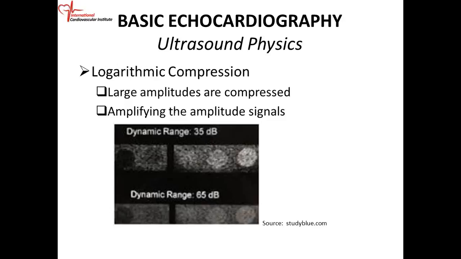The older machines don't have dynamic range; they have compression, usually logarithmic compression, where the large amplitudes are compressed and you amplify the smaller amplitude signals. In this example, the dynamic range is 35 decibels, and we usually use decibels to denote the dynamic range.